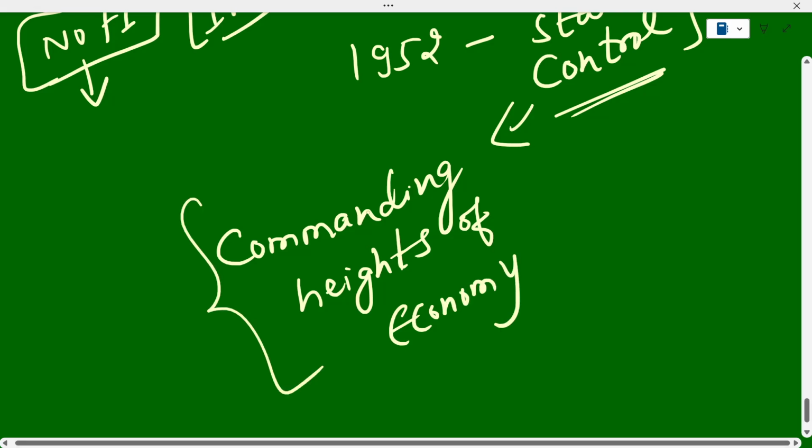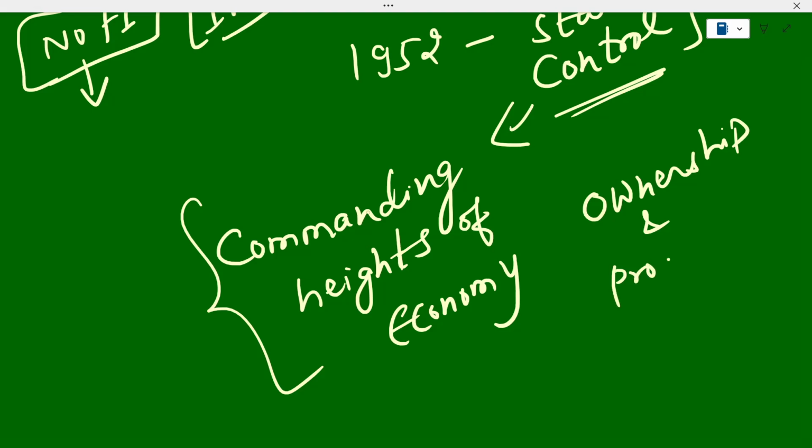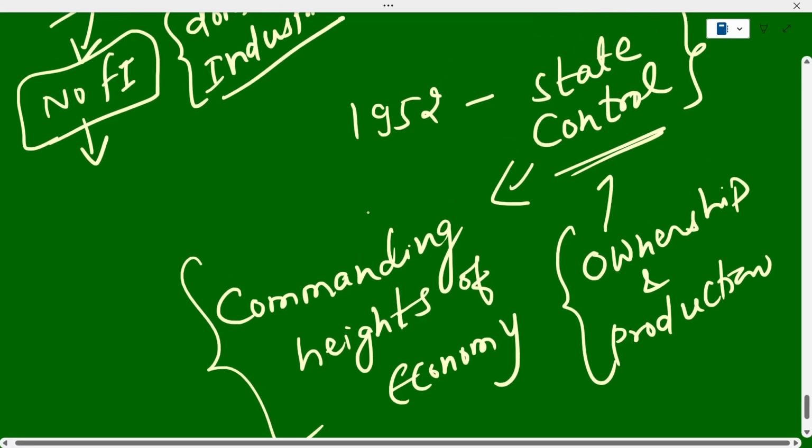So the state control meant ownership and production of goods were under the state.